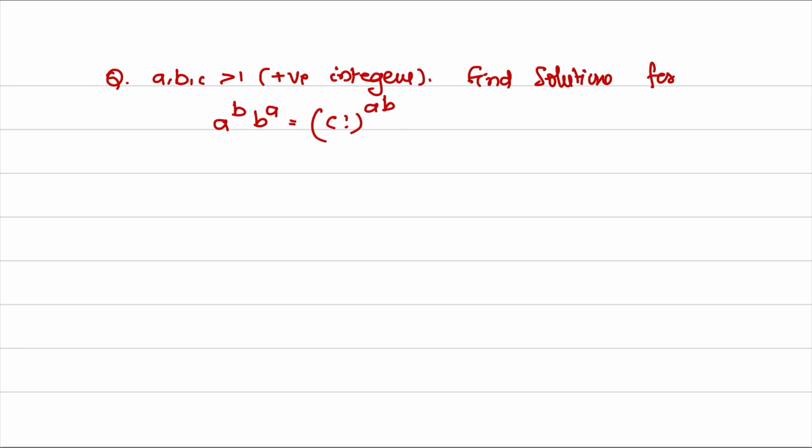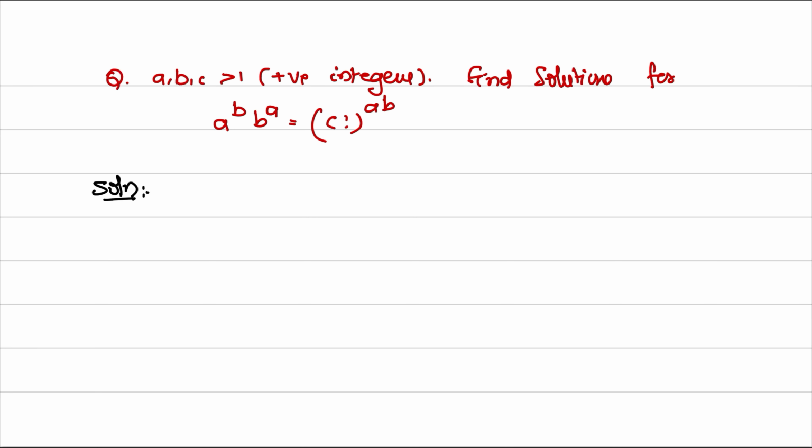On the face value, it looks that there are infinite solutions, but that is not the case, and at the same time it looks like an impossibility. That's also not correct.